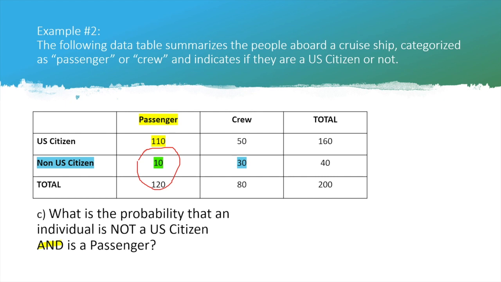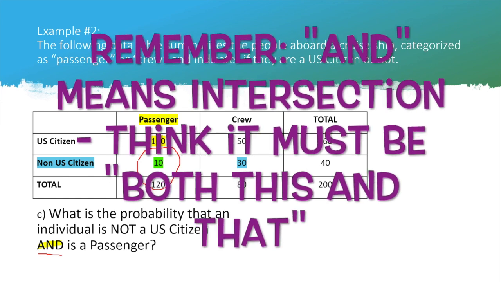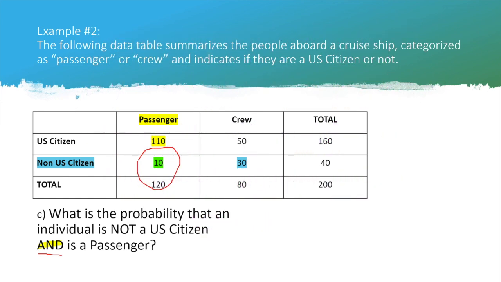That's all I want, because it's an exclusive problem, meaning that you have to be both to get into the club. So you have to be both not a US citizen and a passenger to get into our club for the and problems. So we have 10 out of the total number of people on the boat, which is 200 people. So 10 out of 200 simplifies to 1 out of 20, and that is 0.05, or about 5%.